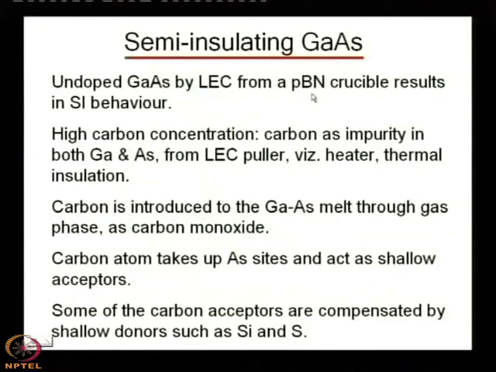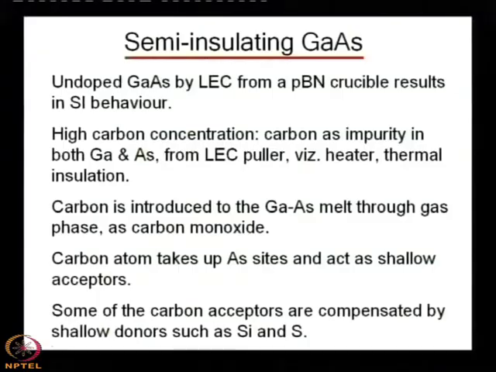There is another reason here. The reason is that B2O3, which is covering the surface of the melt, reacts with silica and graphite crucible. It is not reactive with gallium arsenide, but it is reactive with the crucible material if the material is, say, silica or graphite.